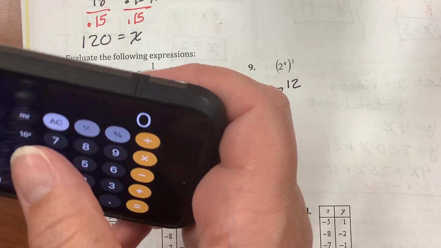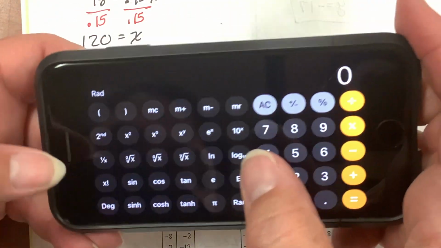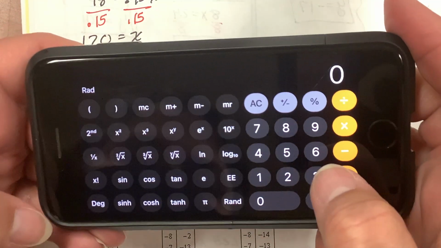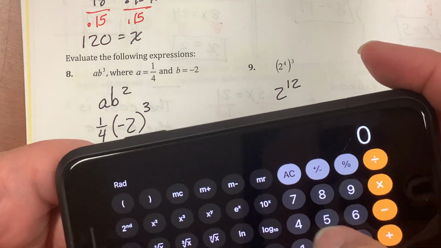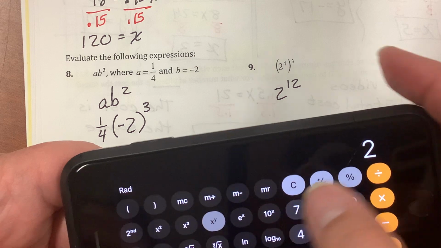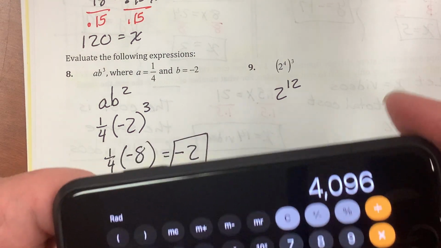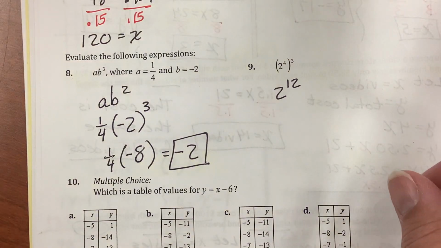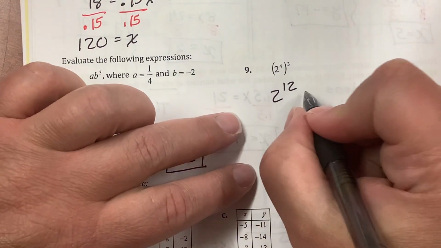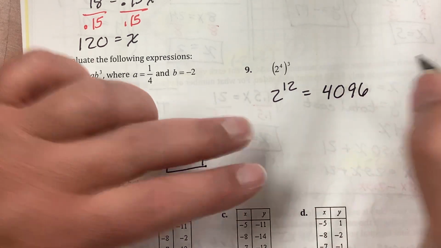Golly gee, I was so close. I can do up to 11 in my head. Okay, so I need this one. I need to put in 2 to the y, and my y is going to be 12, is 4,096. See, I told you I was close. Equals 4,096. Well, that's not so bad.